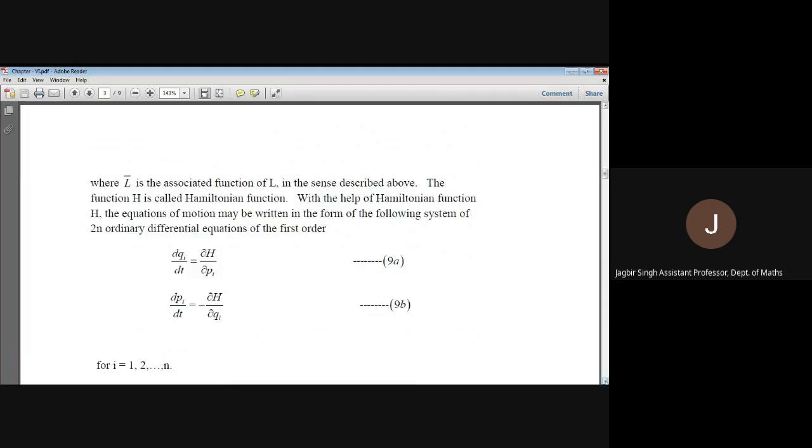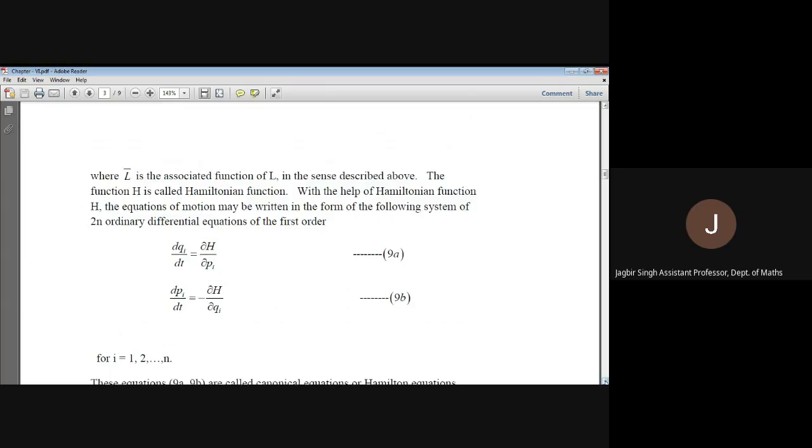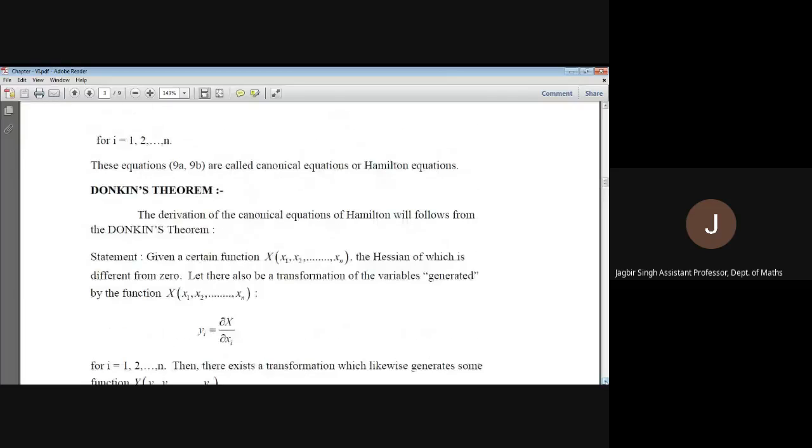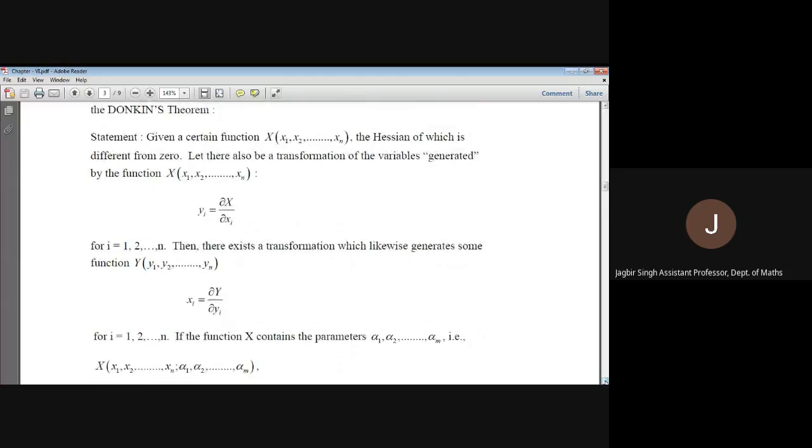So I am not discussing these. When we will derive these, all these terms will be discussed. Okay, so today we are going to discuss the very first theorem, that is known as the Duncan's theorem, and it states that if a function is given, say x, which is of the components x1, x2, xn, and Hessian of this is non-zero, means determinant of curly 2x by curly xi curly xj should be non-zero.